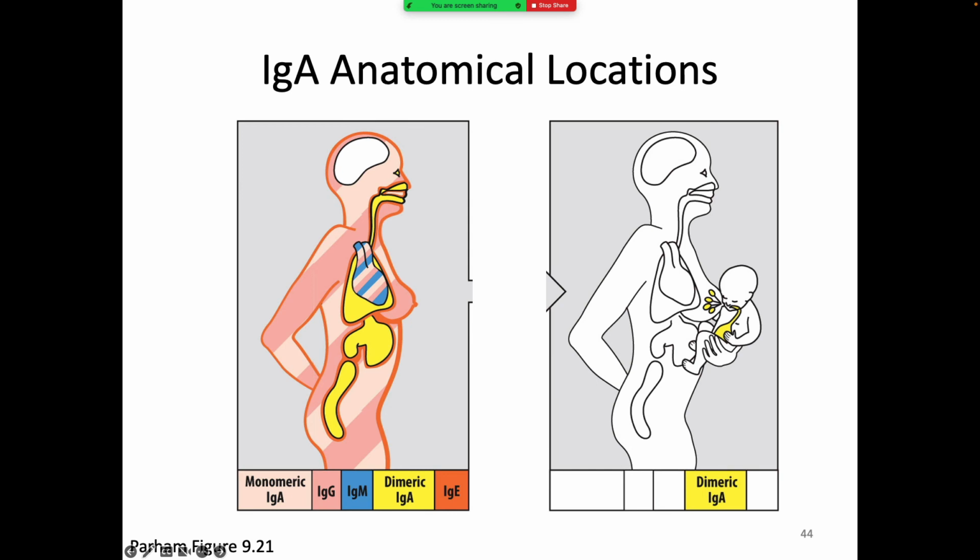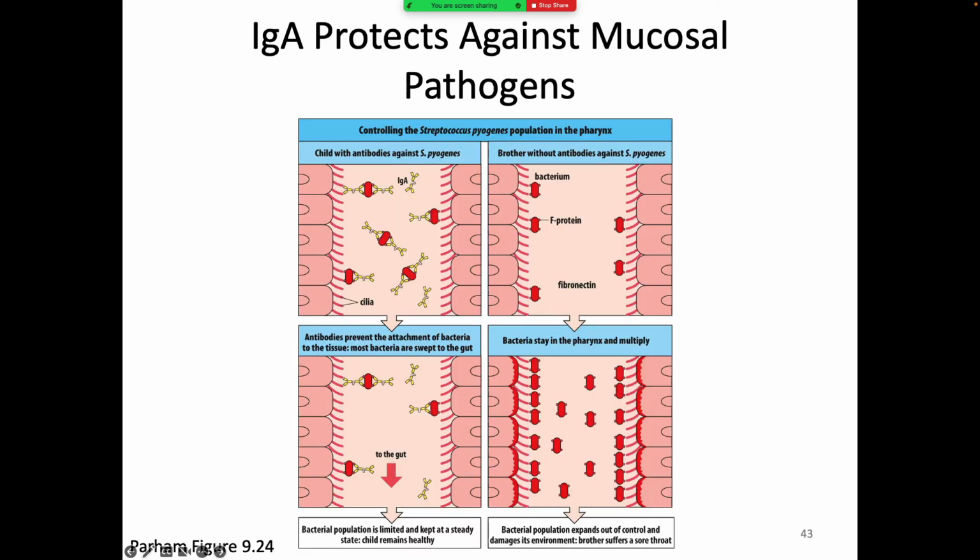When IgA is in these anatomic locations, its function is to neutralize. So if you didn't have IgA, you might have microbes growing in your mucosal area. I believe this is supposed to be a pharynx, but it doesn't really matter to us. But because we do have some IgA in those mucosal areas, we can actually neutralize bacteria before they're even able to get into the rest of the body and replicate.